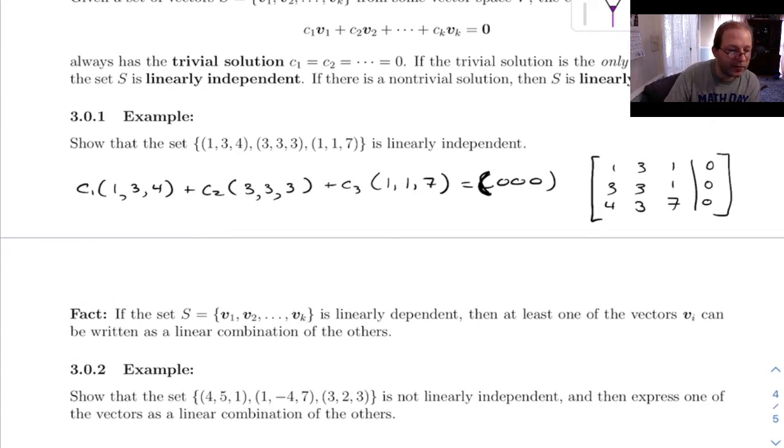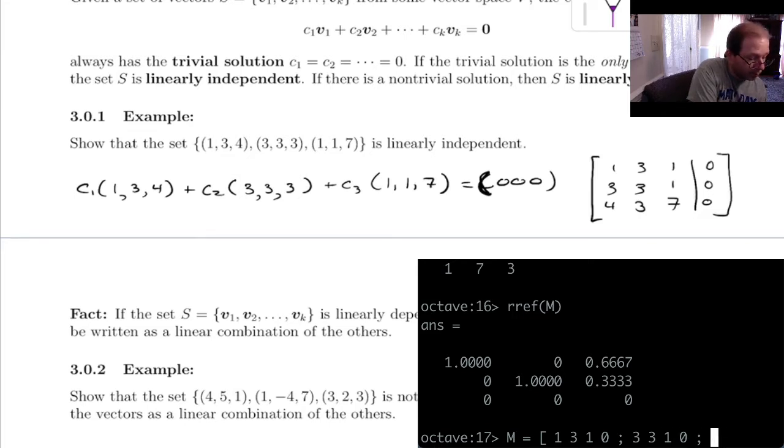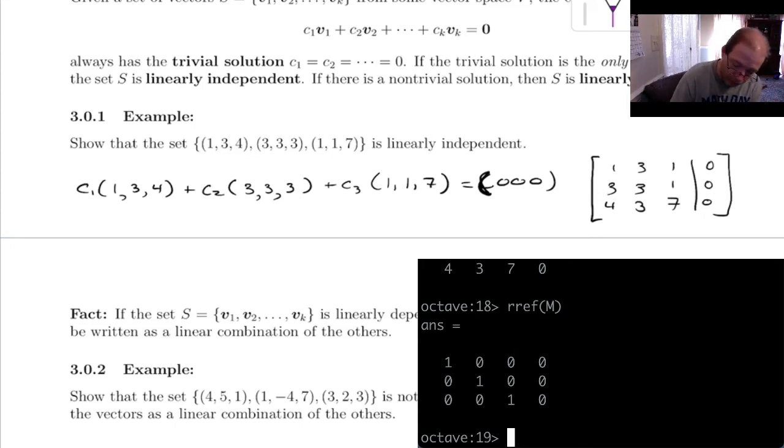Now I'm going to enter that into Octave. That looks good. Now when I row reduce this, notice it gives me this.